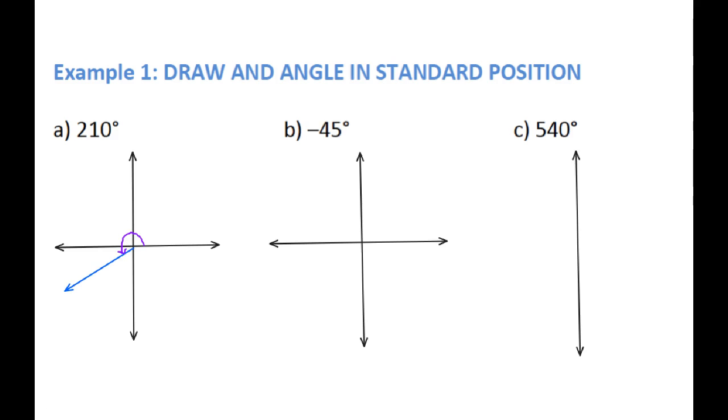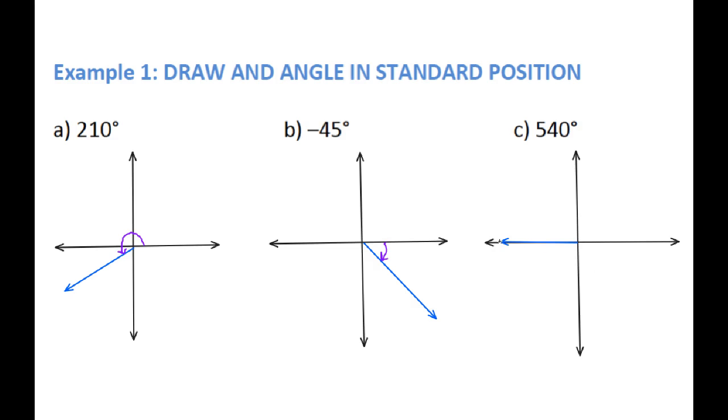Negative 45 degrees is in between 0 and negative 90. So there's negative 45, and again I'm going to use my little arrow to show that I went clockwise since it was negative. And then for 540, let me redraw that line. 540 is going to be a full rotation and then an extra 180 degrees.